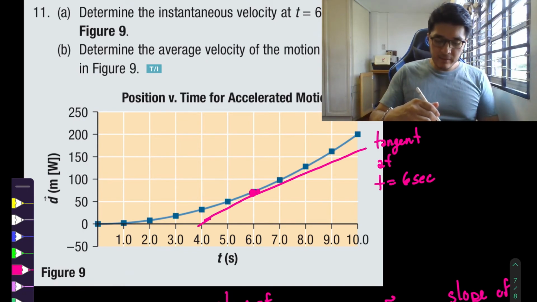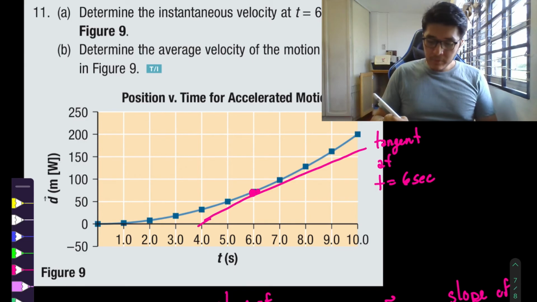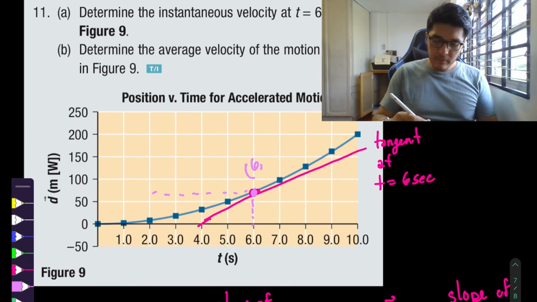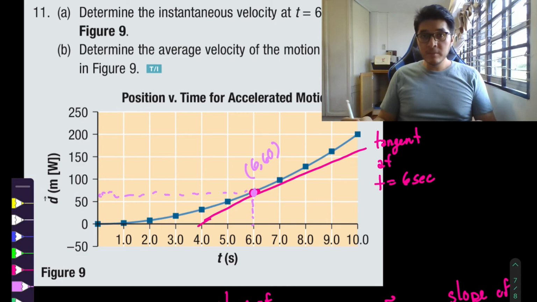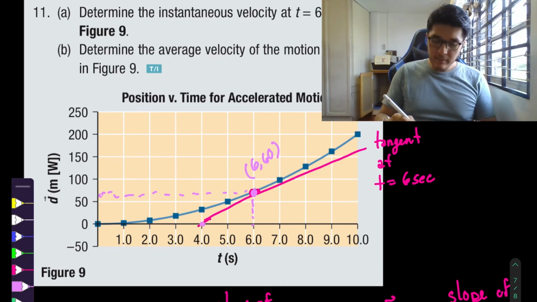And then to calculate the slope of the tangent, we use the point that they were interested in, so 6 seconds and approximately 60 meters. And we look for another nice point on the tangent. So here looks pretty good.